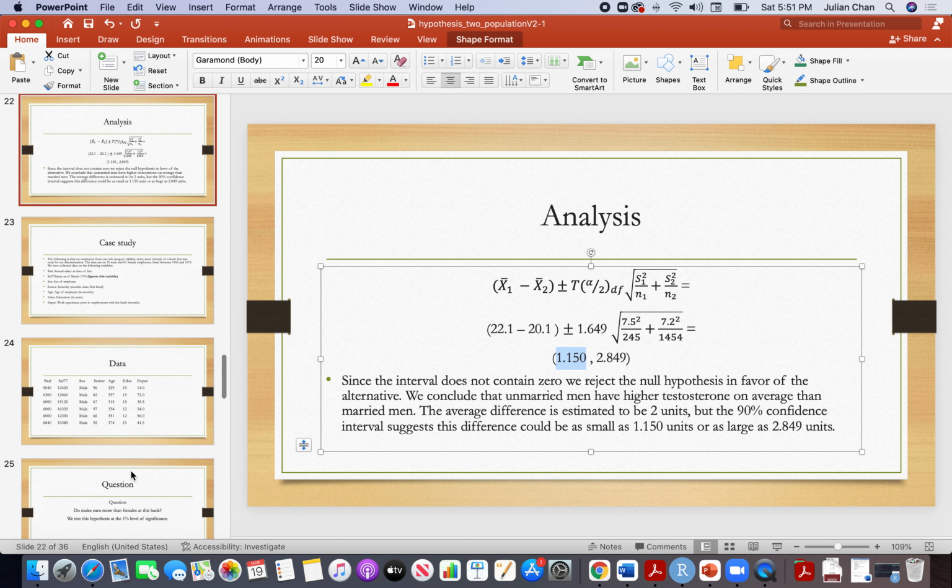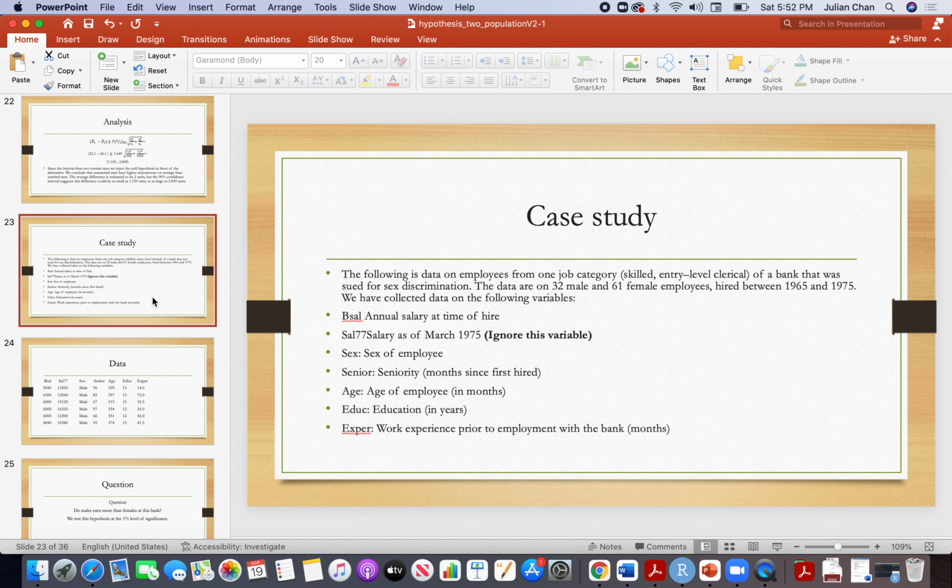So that was an example from real data in which we calculated by hand. Let's move to our case study. This case study is similar, and in fact it's the same as your case study if you chose the pay disparity project.